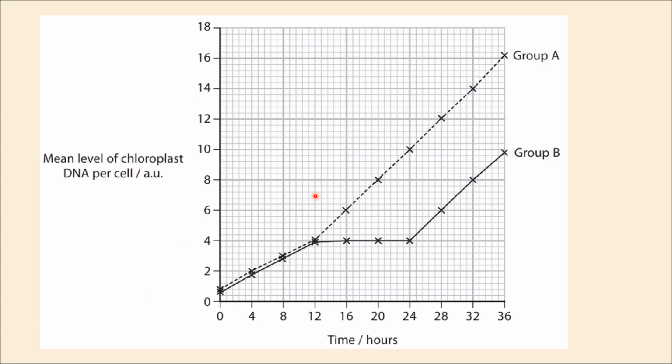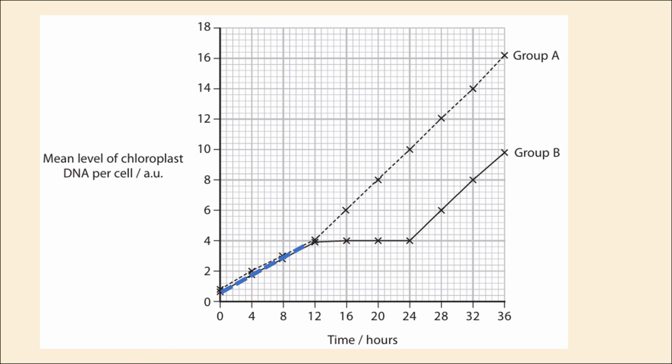Let's begin by analyzing the graph. The x-axis represents time in hours, while the y-axis shows the mean level of chloroplast DNA per cell. Starting with Group B, in the first 12 hours when exposed to light, you can see the chloroplast DNA levels increase steadily.